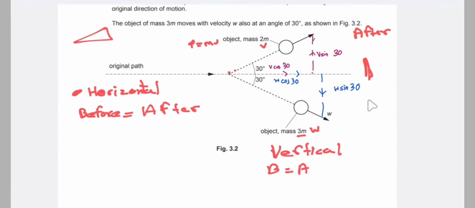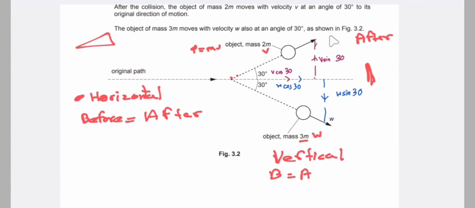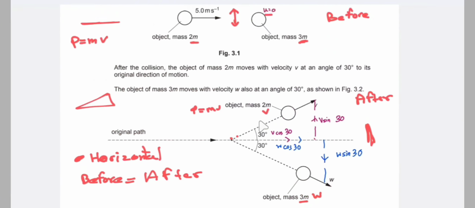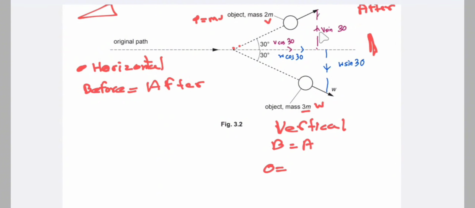So vertically, here we can see that initially there is no vertical movement. Since initially there is no vertical movement, the momentum in the vertical direction before is 0. And after the collision we can see that vertical movement occurs.